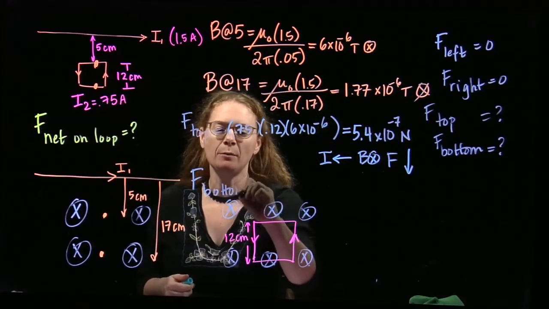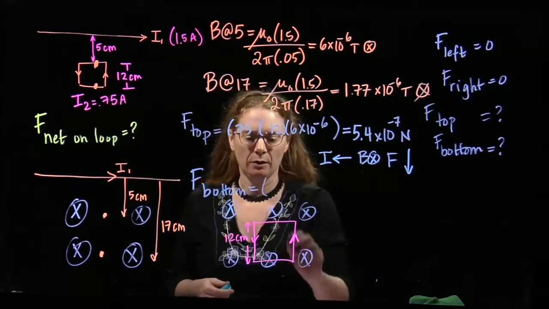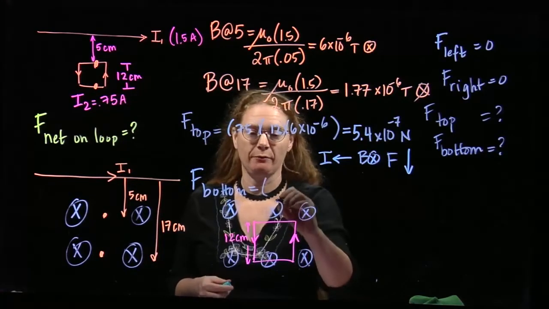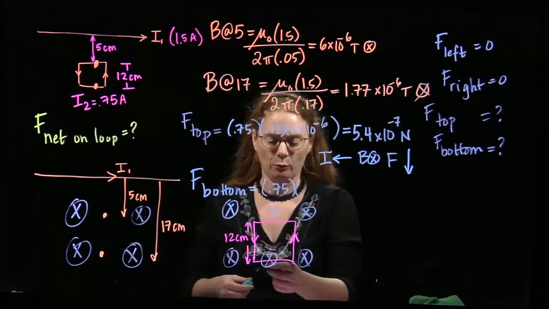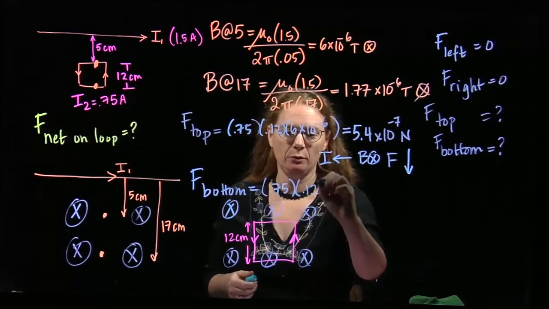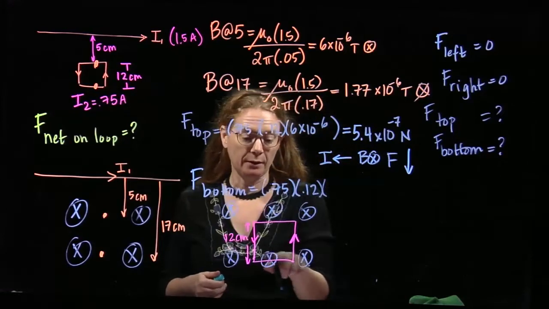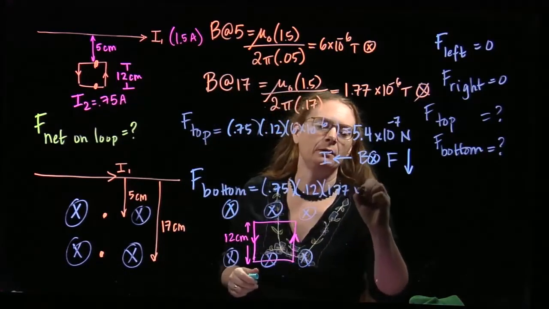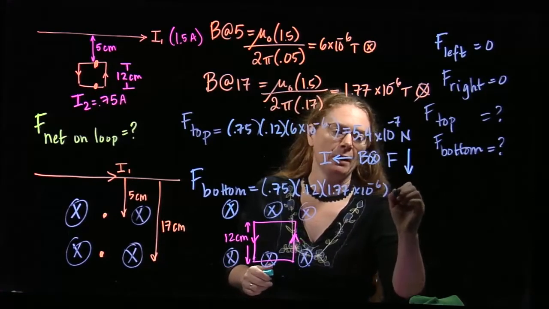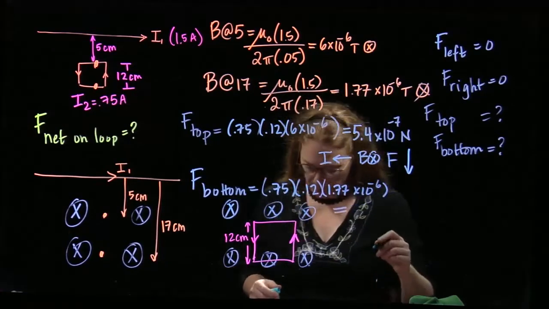Force on the bottom bit of wire. The current that's in this loop is 0.75 again. The size of the bit of wire we're interested in is 0.12. And now the magnetic field that this wire feels, which is that one, 1.77 times 10 to the minus 6. And calculate that out.